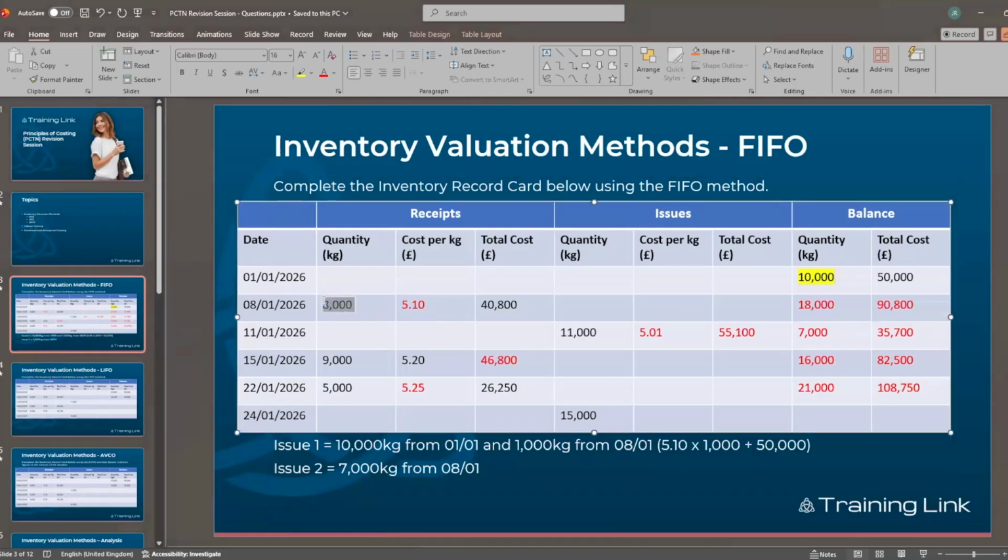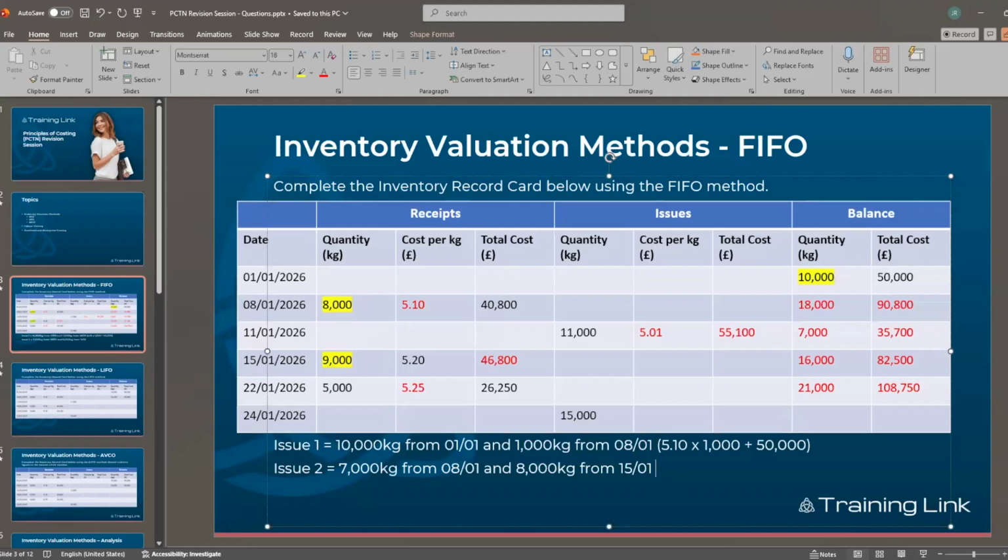So we're taking the remaining 7,000 from here. That means that we have 8,000 kilograms remaining, which we can take directly from this receipt on the 15th, where there's 9,000. So with FIFO, we're just working our way down. We've used the full amount there, and we've used 8,000 from this 9,000.